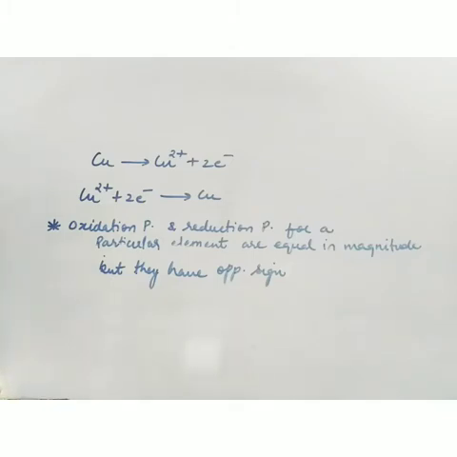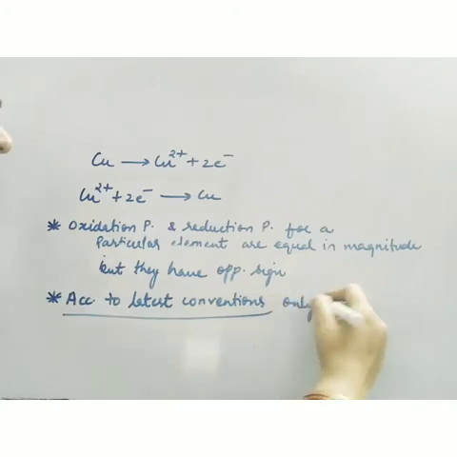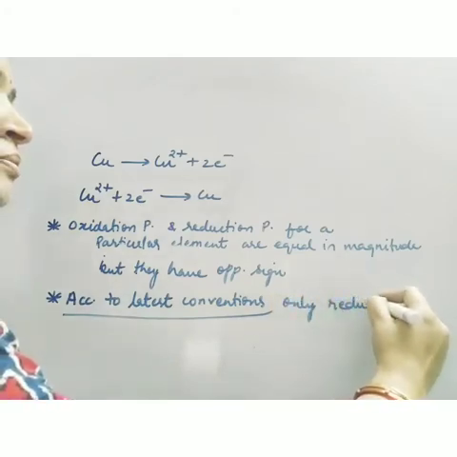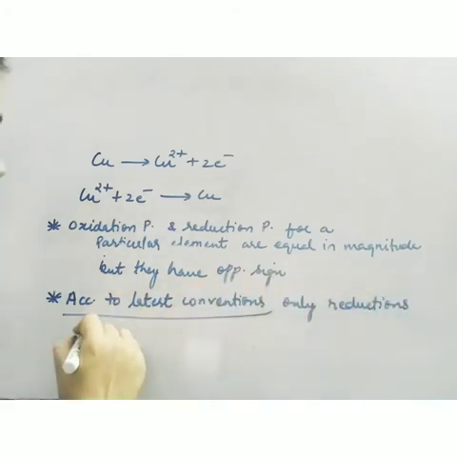No. But in order to differentiate, we use opposite sign. So nowadays what is done? Now we know that for a particular element these two potentials are equal. So what we do, instead of using the two terms, we use only single term. So according to latest conventions which we are using in electrochemistry, only reduction potentials are considered.